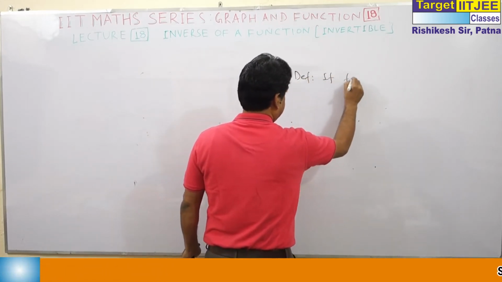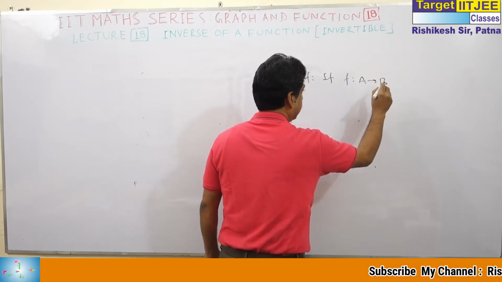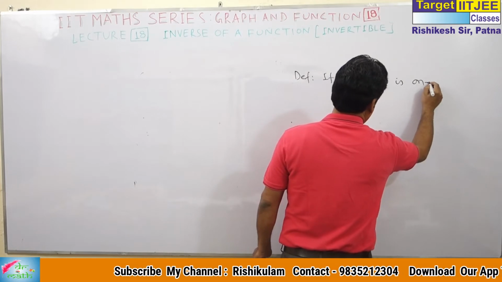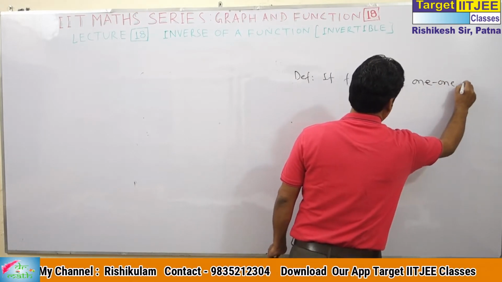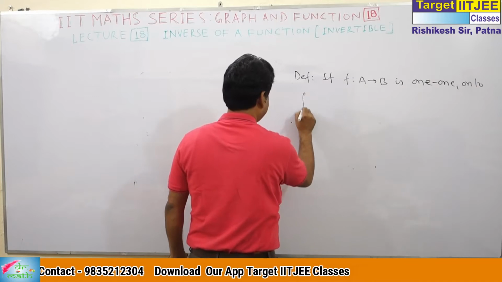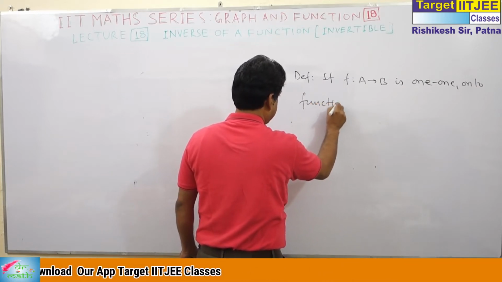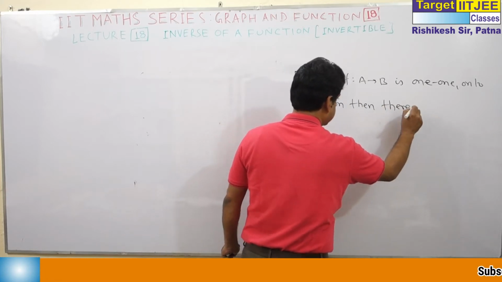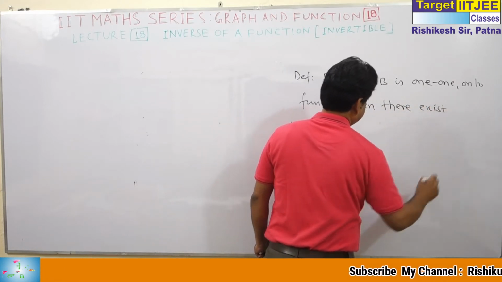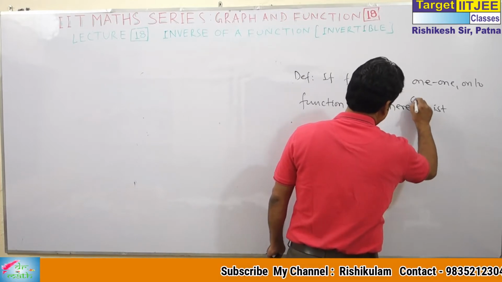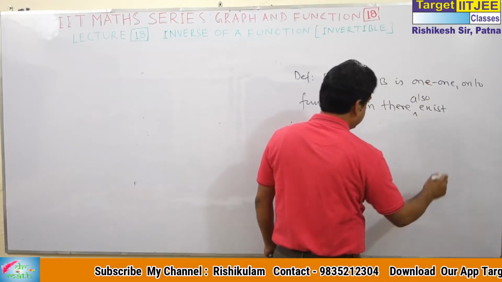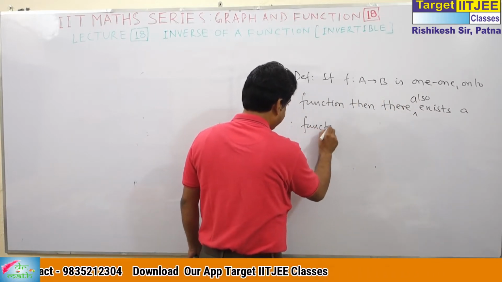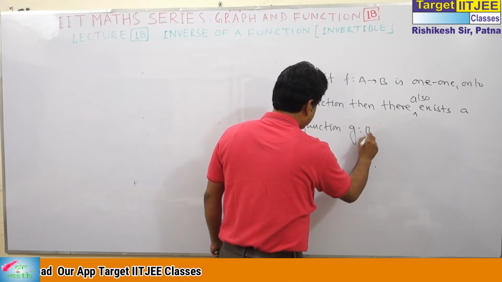If A to B is a one-one onto function, then there also exists a function G from B to A.